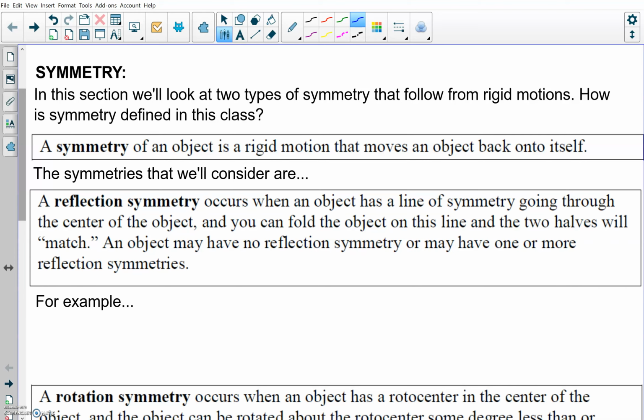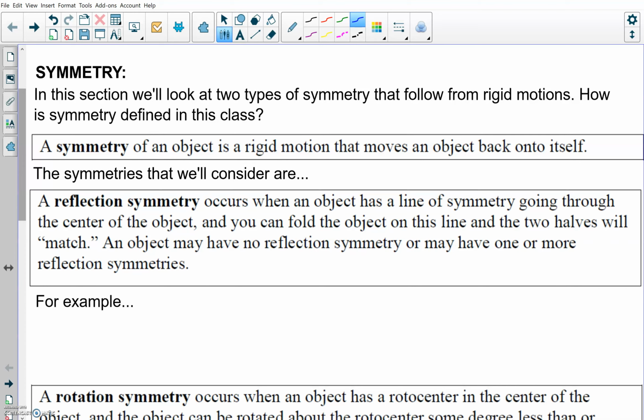It's back to where it started. Same thing with rotation symmetry. You'll rotate it and it looks the same as when you started, even though maybe it has turned a little bit. Depending on the shape, it could look just like where it started. So symmetry is just when it looks like when you started.